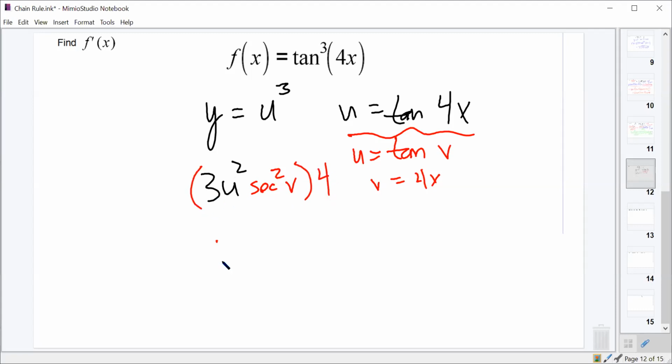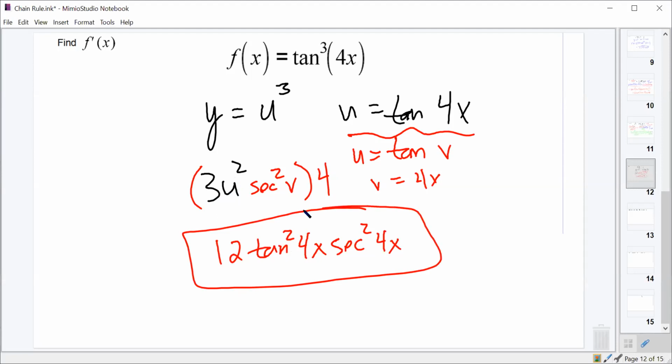So we end up with 12u squared, which is tangent squared 4x, and then secant squared v, which is secant squared 4x. Okay. So with the chain rule within the chain rule, try to take the outermost function and write it as your first composition, then you'll have to do a second composition with your u. You guys see that? Everybody good with that?